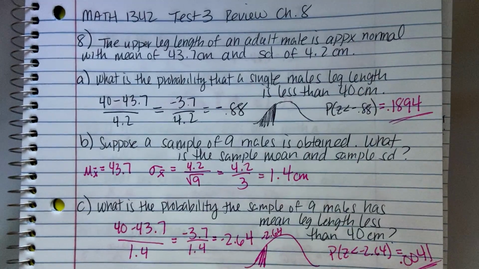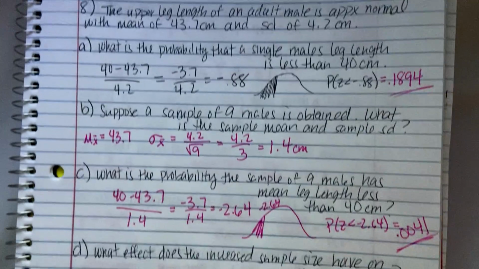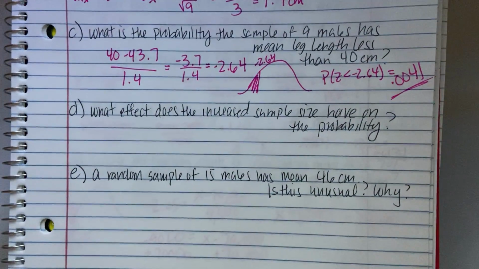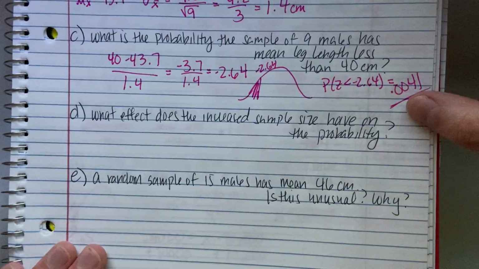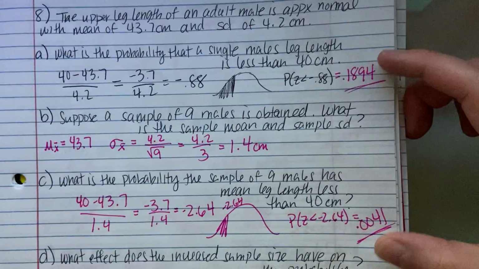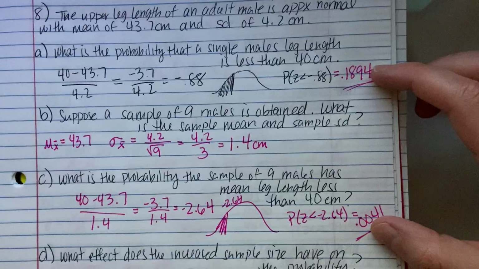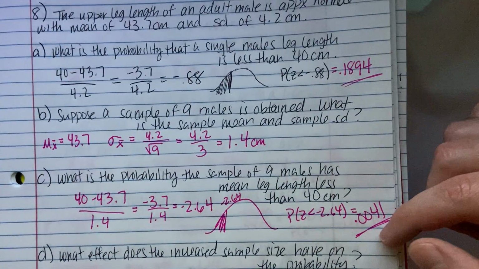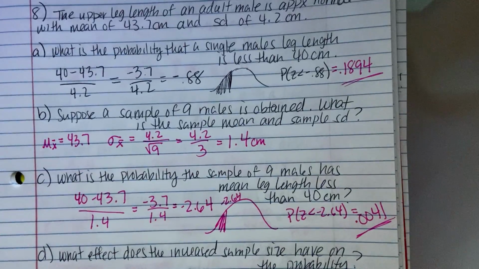So when we're looking at question D, it says, what effect does the increased sample size have on the probability? They're really asking you to compare part A to part C. Part A's probability was about 19%. Part C's probability was less than 1%.